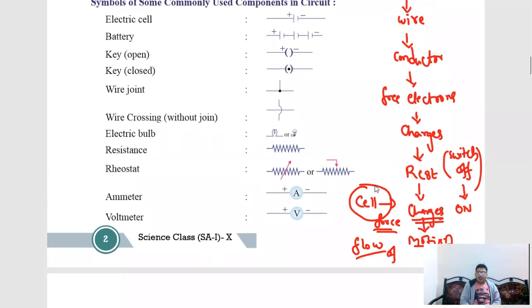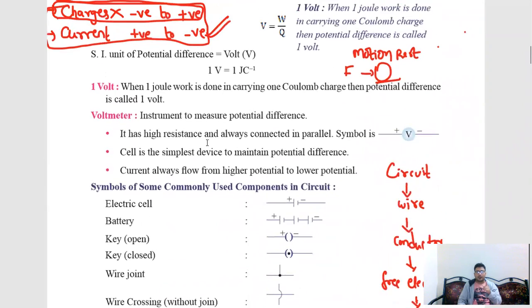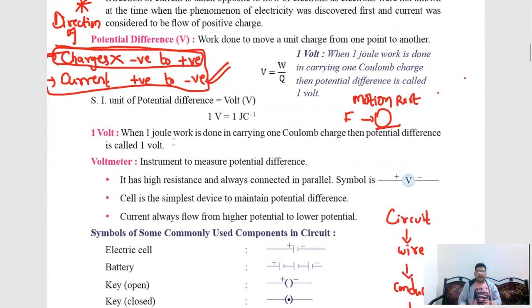Simply to say, you are using a cell to make charges move. So what is the main duty of the cell? Try to remember that: the cell will provide some force such that electrons will be in motion.